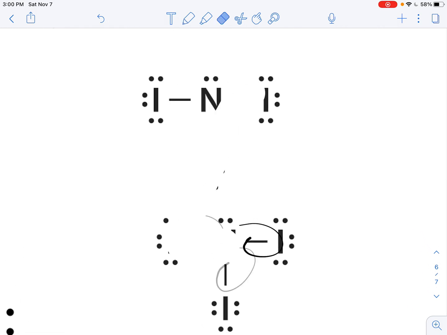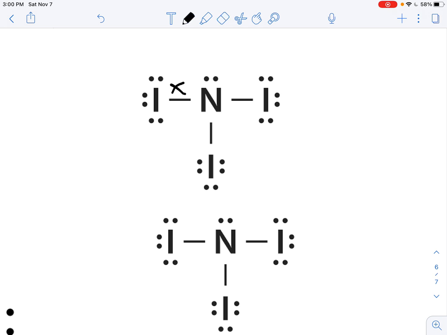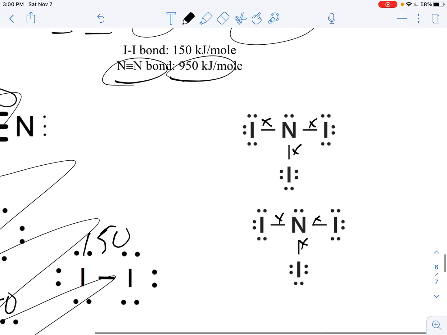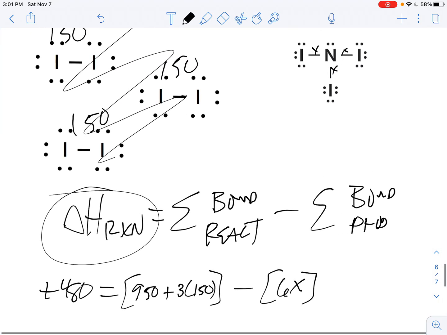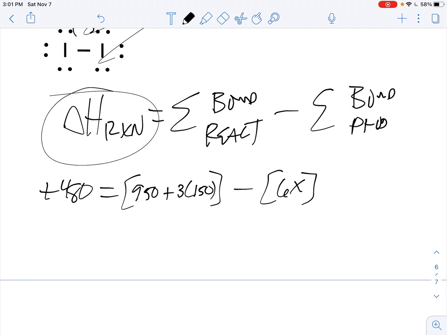I don't know what that bond energy is. So what have I got? This is X. So it's X, X, X, X, X, and X here. So what I've essentially got here is minus 6X. I've got 6 of those bonds over there on the right-hand side that I don't know what they are.